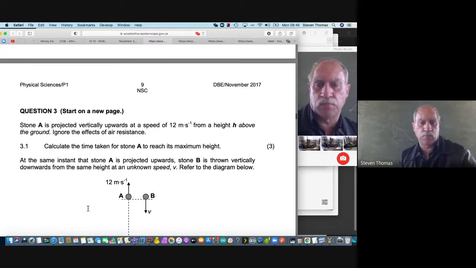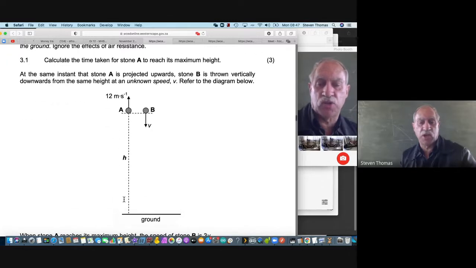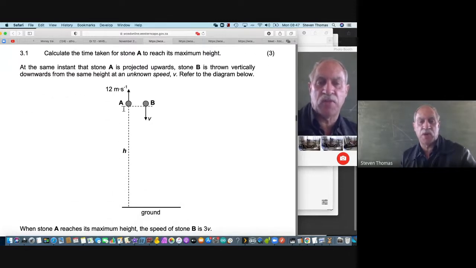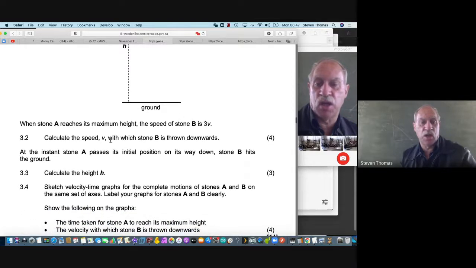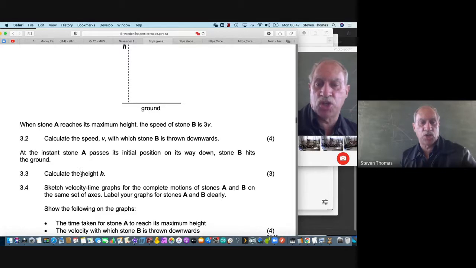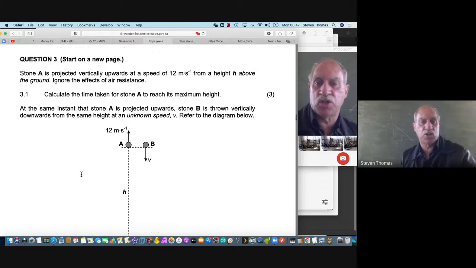Okay. So it's thrown from a height which they don't give us. You see, this has become a mathematical problem. Let's just see how we're going to calculate h. Calculate the height h. Now, what do they tell us about h? Stone A is projected vertically upwards at a speed of 12 meters per second from a height h above the ground. We know how long it took to get there.